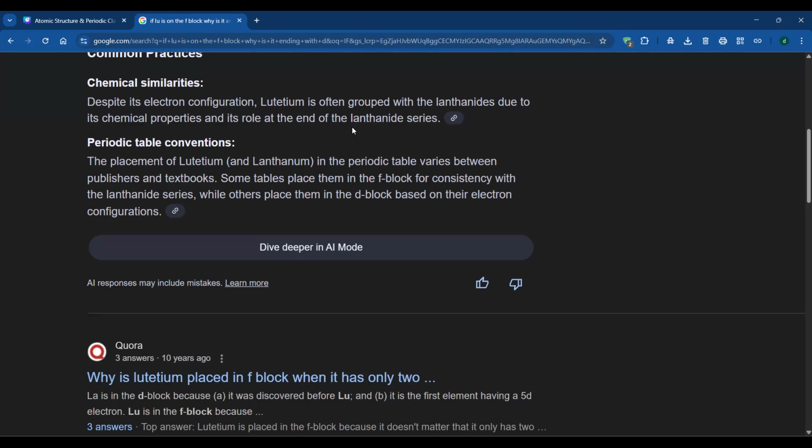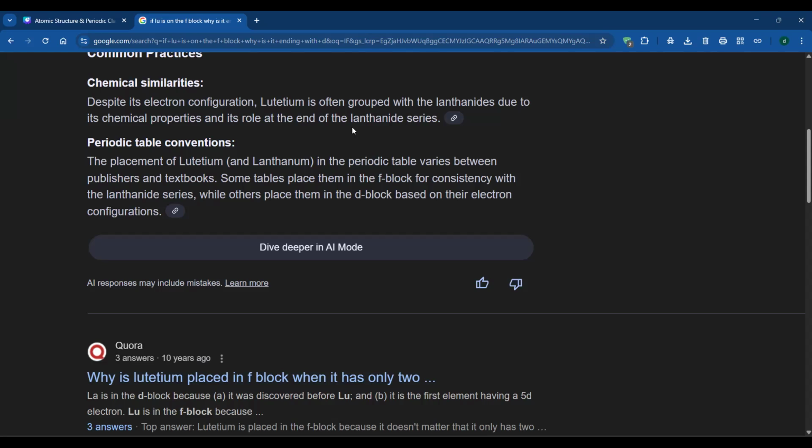Periodic table conventions. The placement of lutetium and lanthanum in the periodic table varies between publishers and textbooks. Some tables place them in the F block for consistency with the lanthanide series, while others place them in the D block based on their electron configurations.